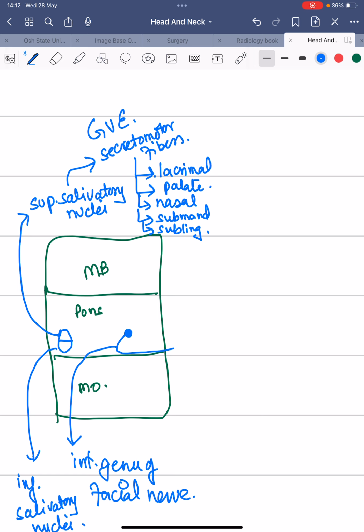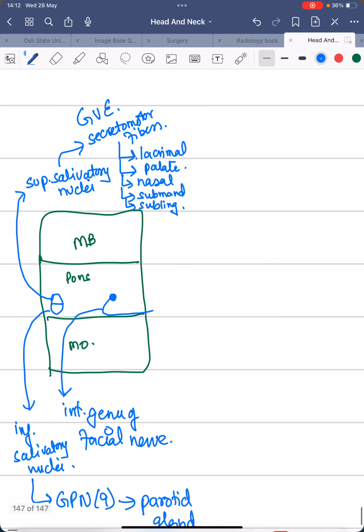Okay, so all the glands through this superior salivatory nuclei, which I am highlighting in blue color. Now the nerve fibers from here are also joining the facial nerve here.